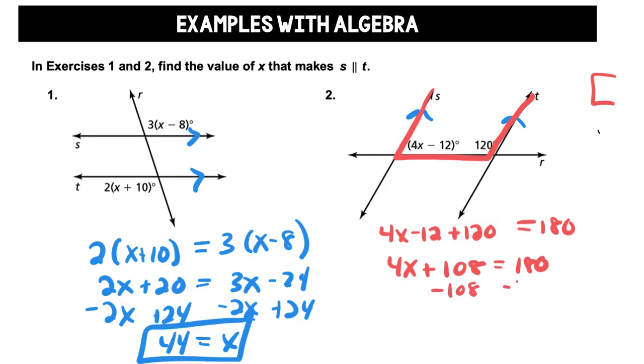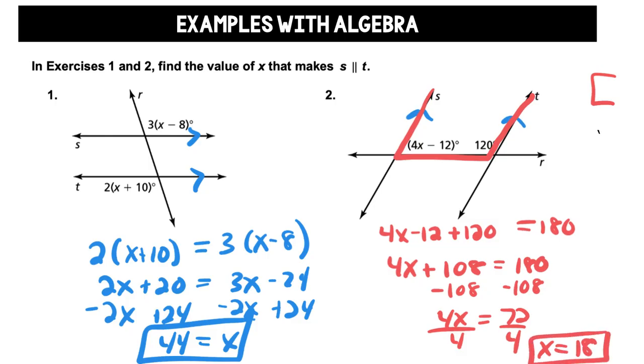Subtracting 108 from both sides. And then dividing by 4. And we get x equals 18. So this would be the consecutive angle converse. And then remember this other one would have been the alternate exterior angle converse. Okay?